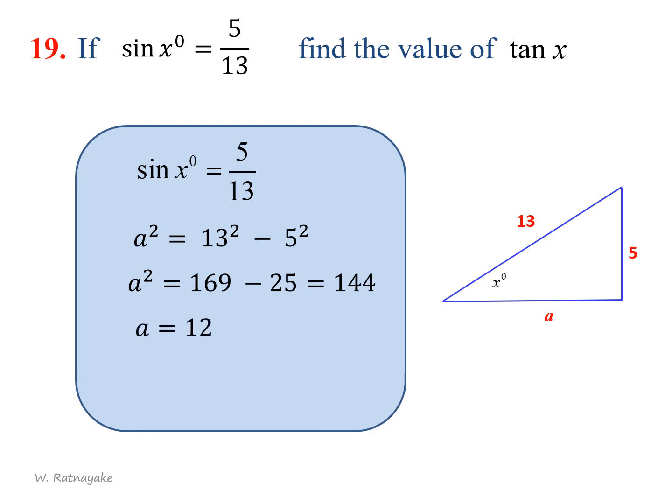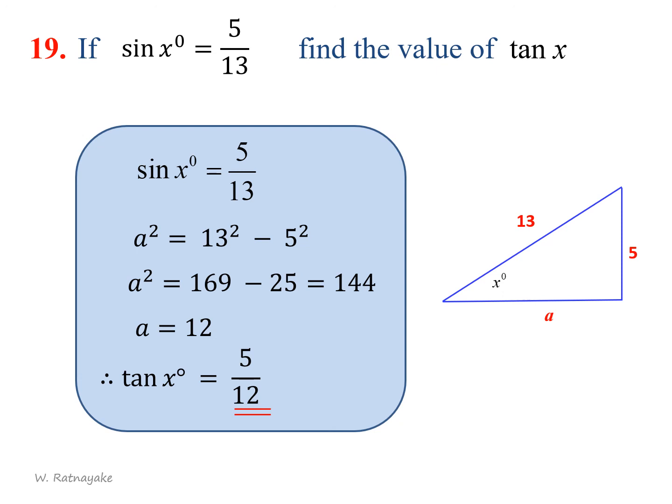Tan x means opposite side to the acute angle x divided by adjacent side of the acute angle x. That means 5 divided by a, which is 12. Therefore tan x must be equal to 5 divided by 12. So that is the answer for the question. So you have to understand the method of getting the answer.